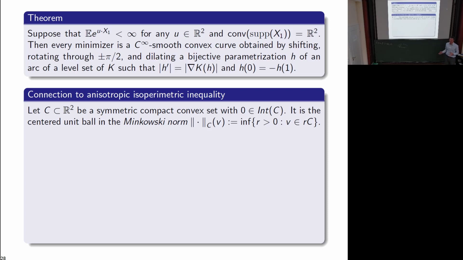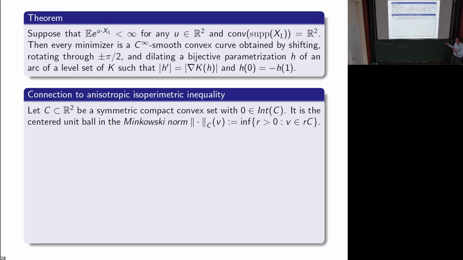The log Laplace transform is convex, so the level sets are bounded convex curves. So that's a closed convex curve. Find certain diametrically opposite points on this curve, which will be the endpoints of my minimizer, and parameterize this half arc with a certain speed. And this is the answer.